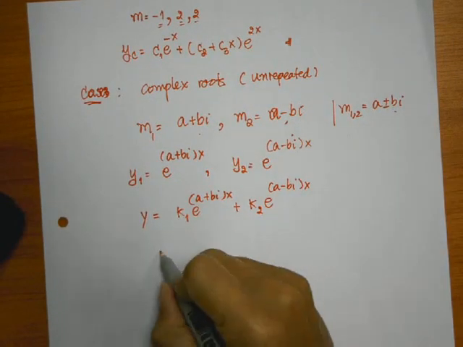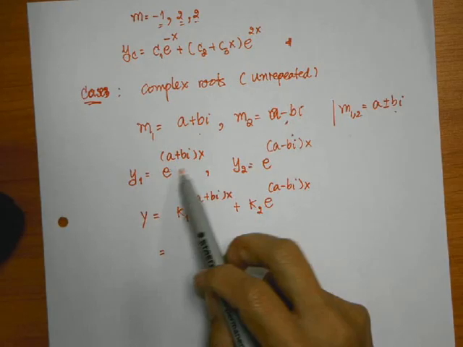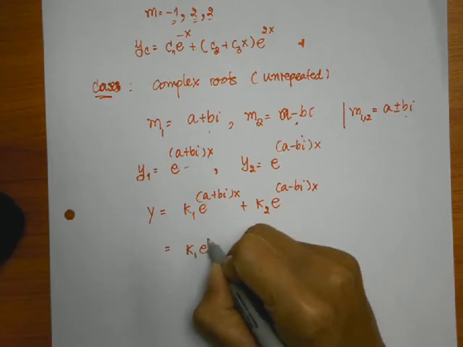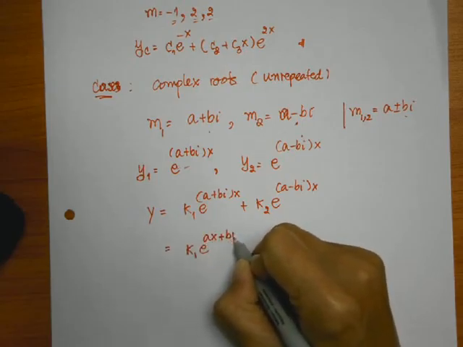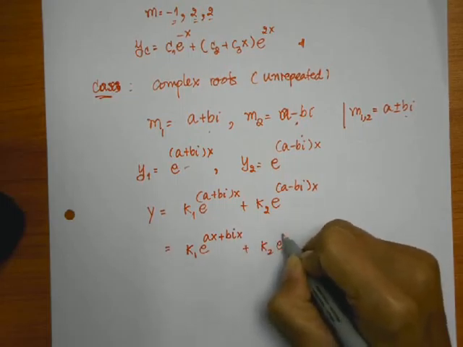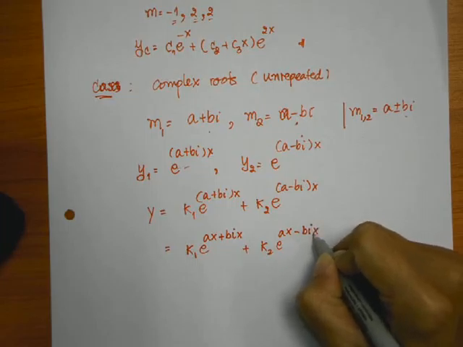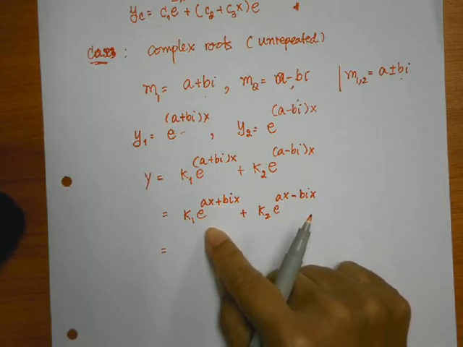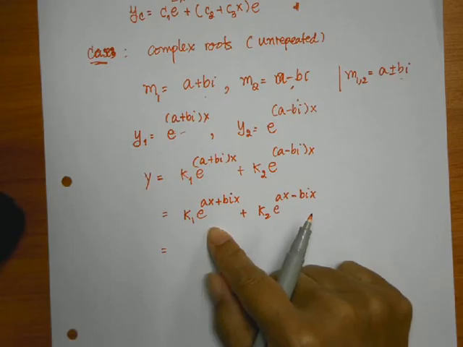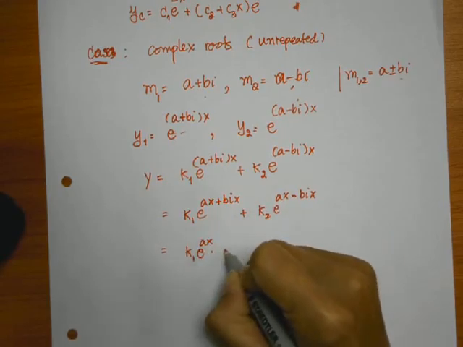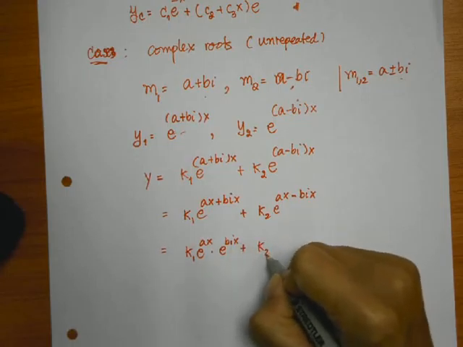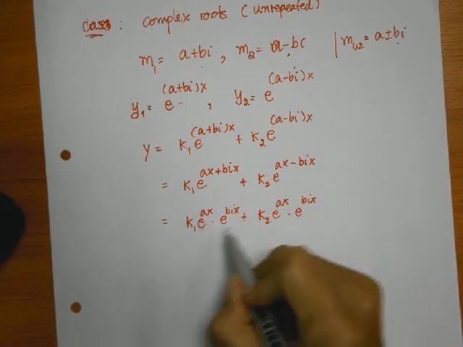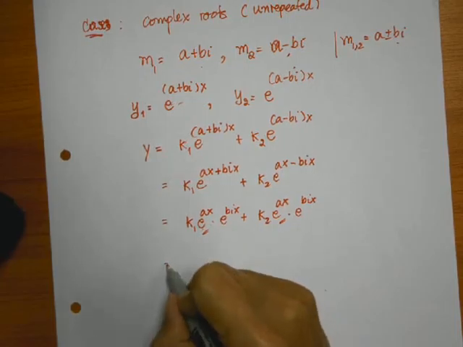And by that, you would get, because these two are linearly independent of each other, k1 y1 plus k2 y2. The two terms have exponential of ax the same, so I just take it out.